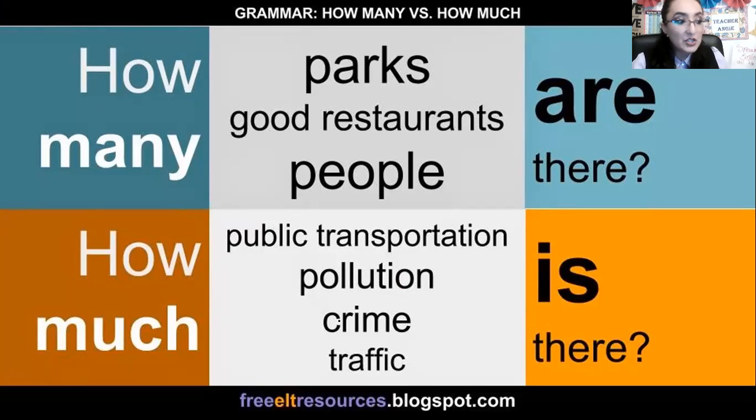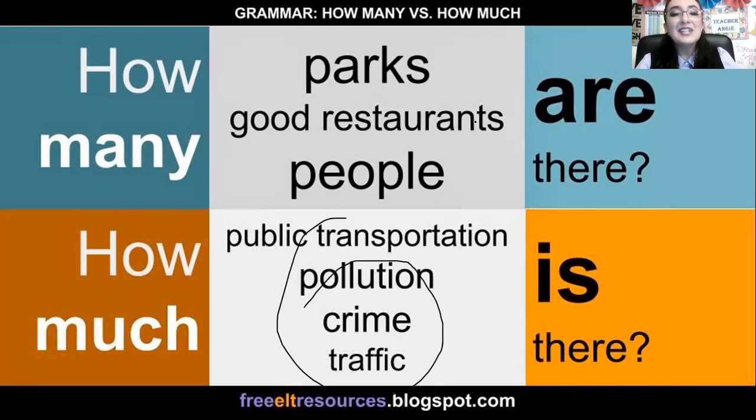But how much is going to be used, for example, with public transportation, pollution, crime, traffic? That's great. How much? How many? How much public transportation? Singulars, and this is plurals.